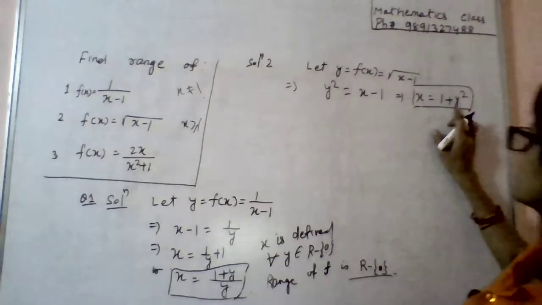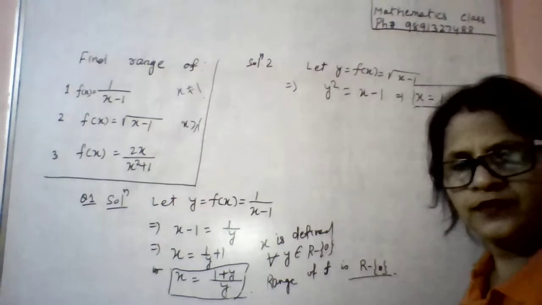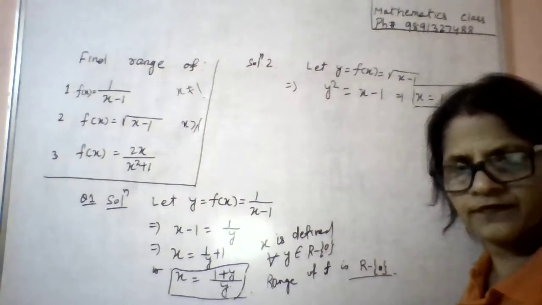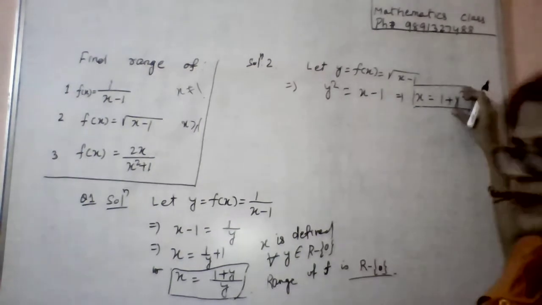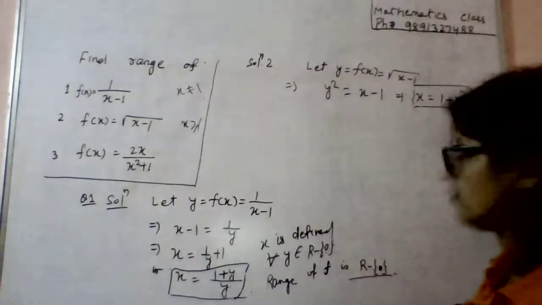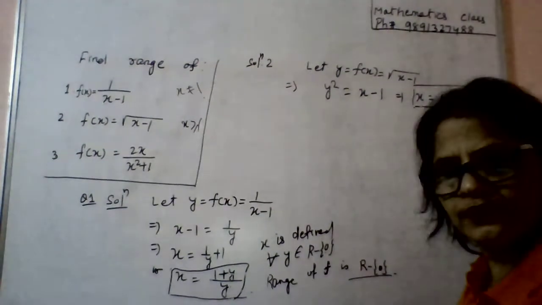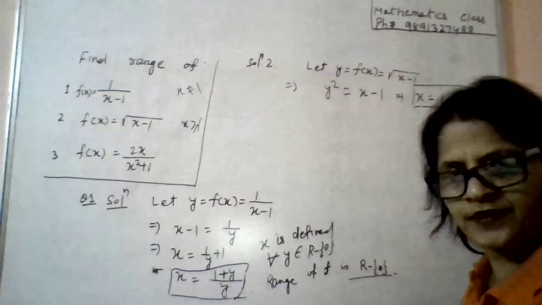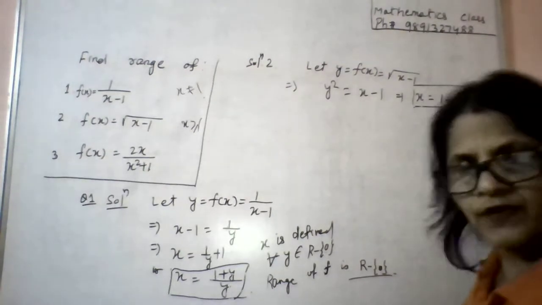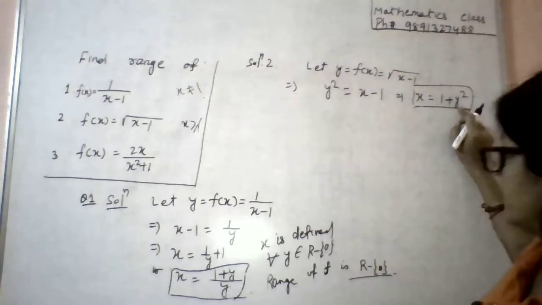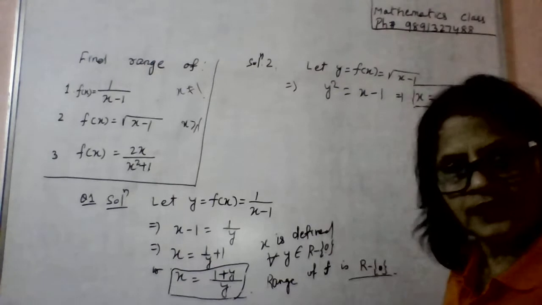See, y square will be greater than or equal to 0. y square cannot be negative, right? So when y square is greater than or equal to 0, 1 plus y square will be greater than or equal to 1. So it means y can be any real value. Clear?